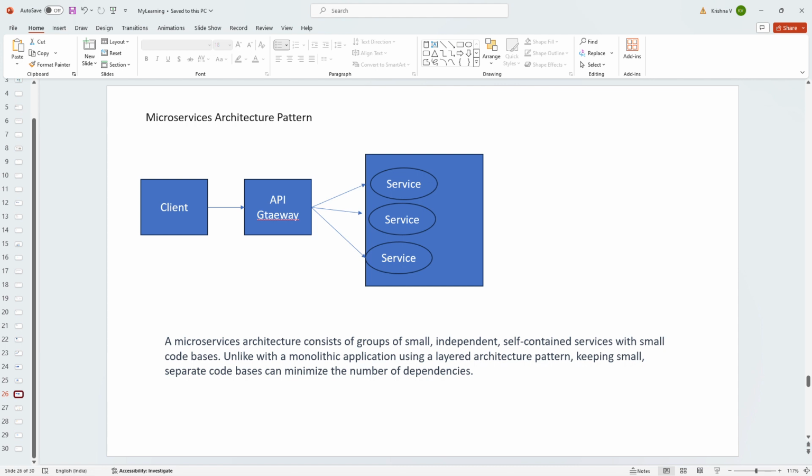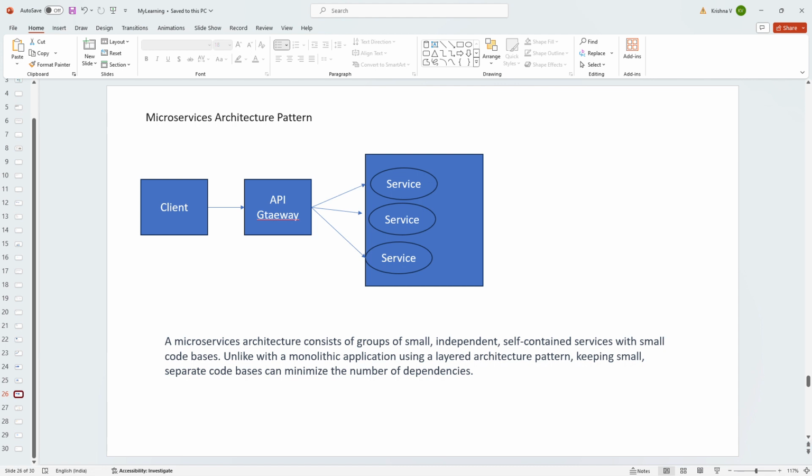Everyone knows. Almost all organizations are using microservices to avoid monolithic applications, because earlier we used to have monolithic applications, and after the service-oriented approach, we moved to microservices.